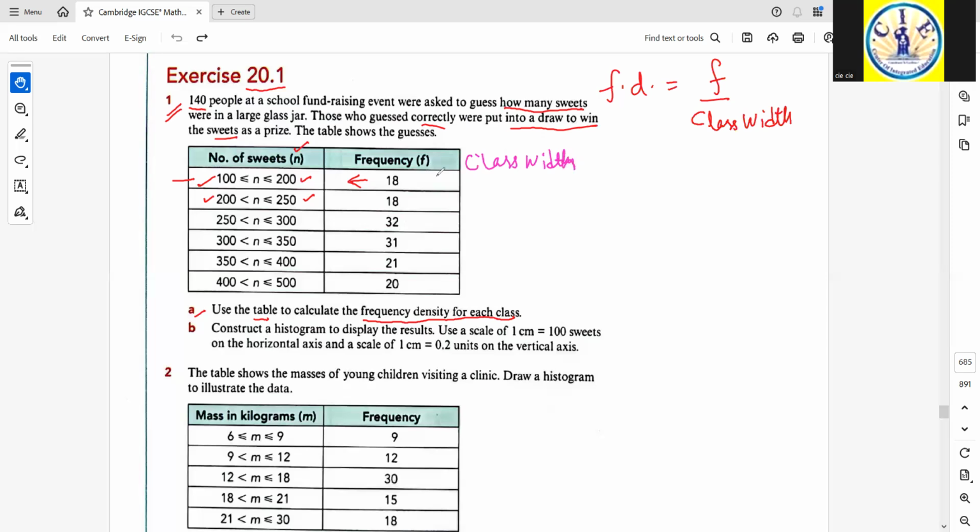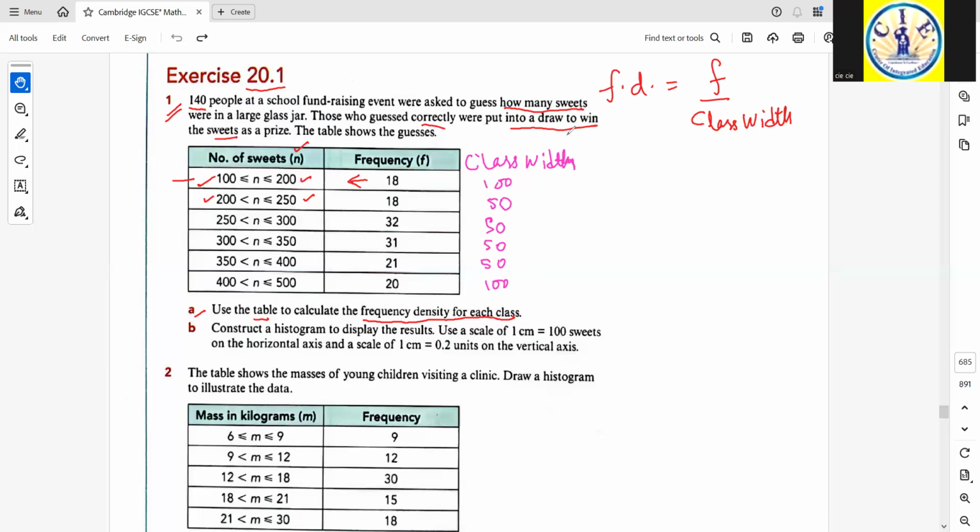The class width from 100 till 200 is 100, then this is 50, 250 till 300 is again 50, then 50, then 50, and then this is going to be 100. So we have constructed this class width.